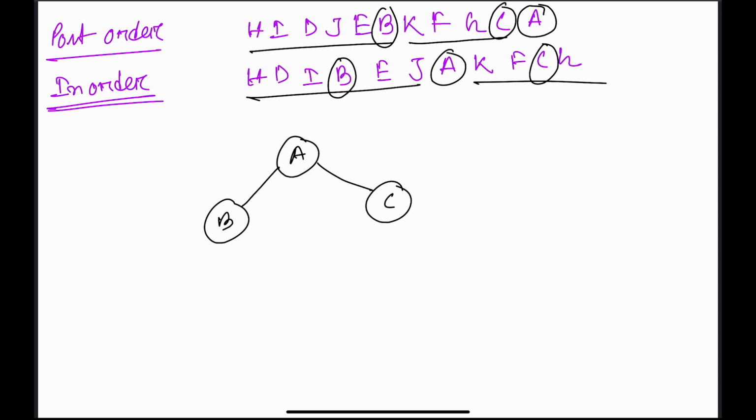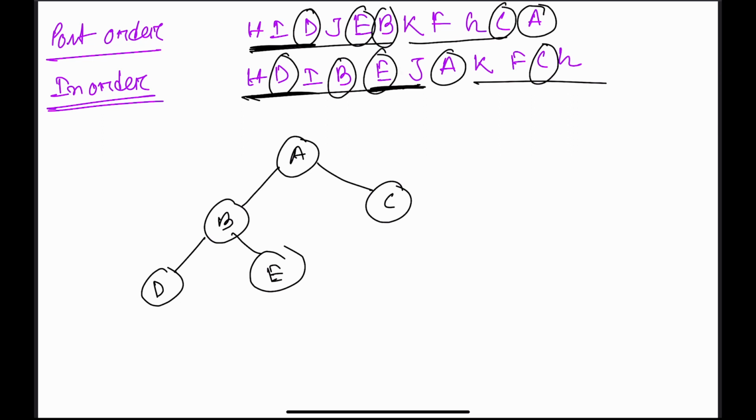Inside B, the first three would be the left subtree of B and the other two the right subtree. Then D and E. As in in-order traversal J is on the right side, obviously it is going to be on the right side.